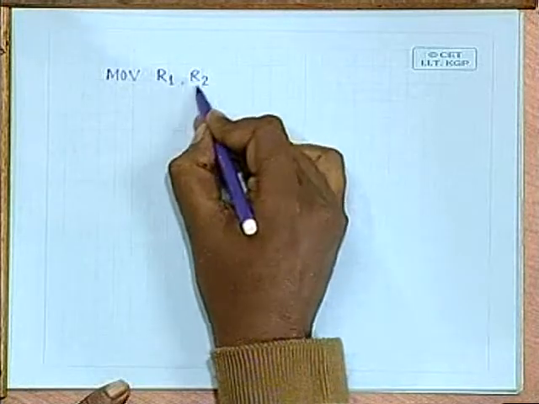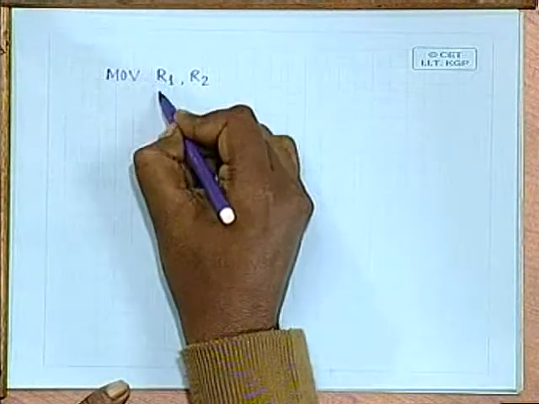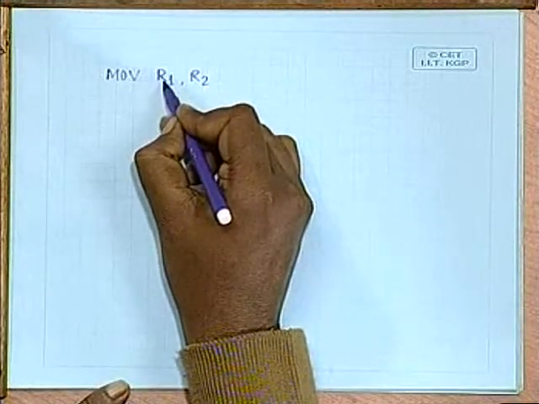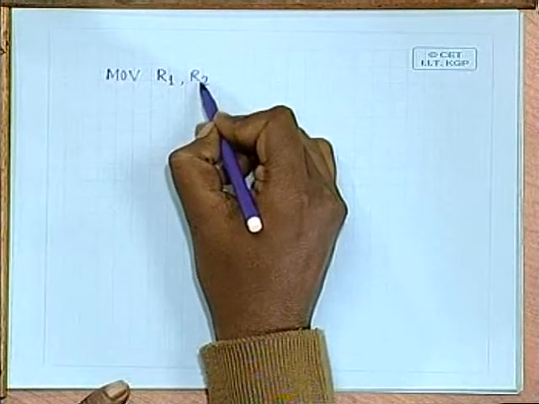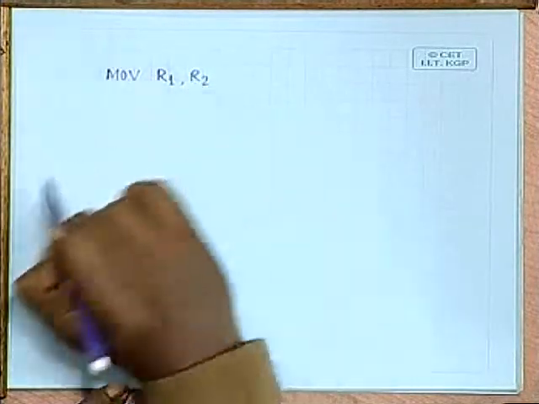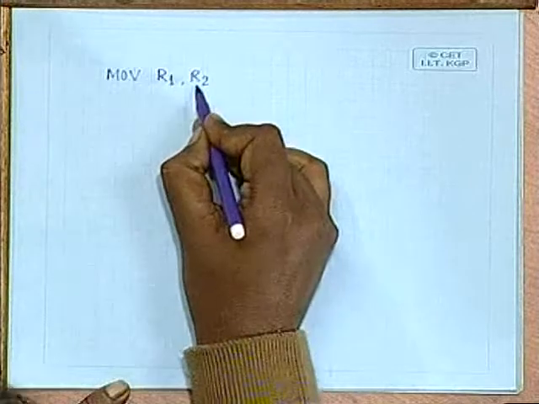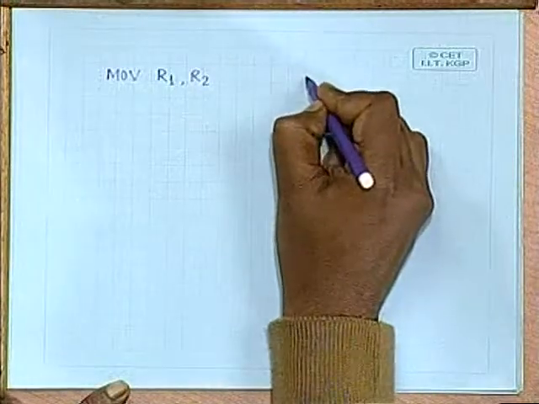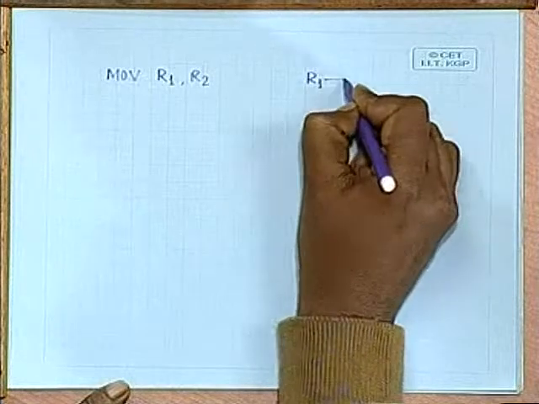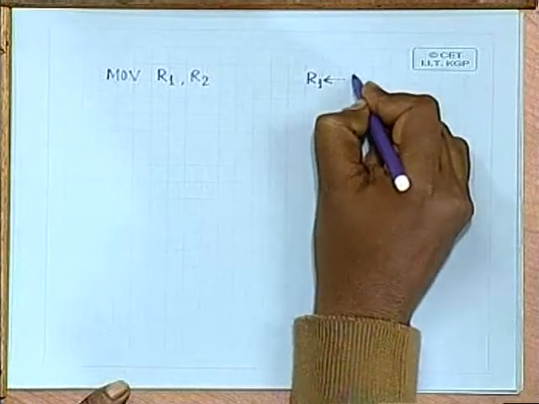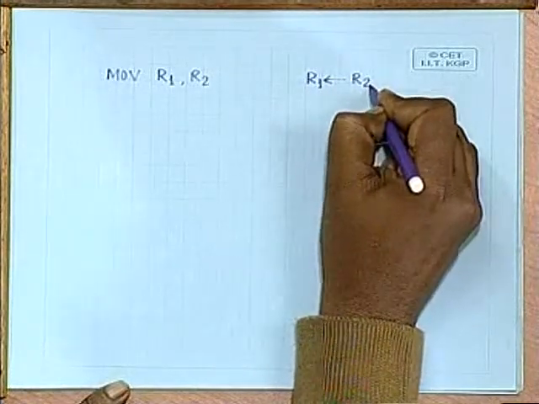This is a convention which is mostly used: the first operand that you mention in the instruction is the destination, and the second operand is the source. So, this operation will simply move the data from register R2 to register R1.